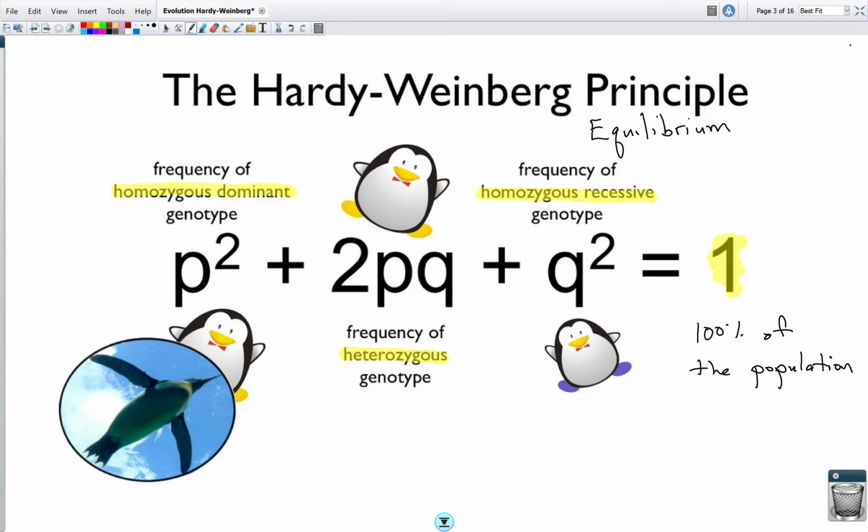The reason we use 1 is because all of these frequencies are in decimal form, and we have to keep that in mind when we're doing calculations. I'll show you an example of a calculation in a little bit.